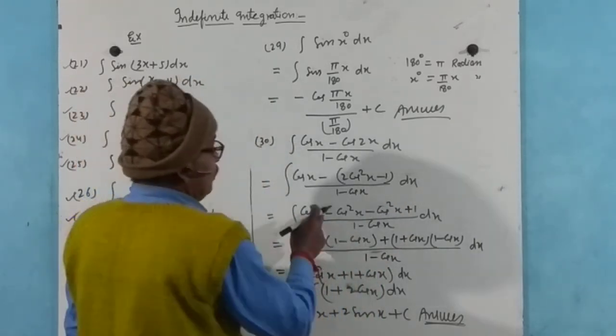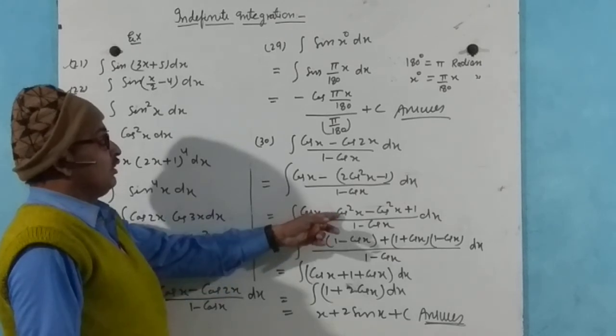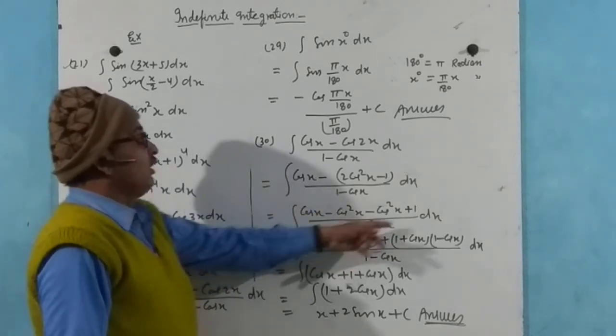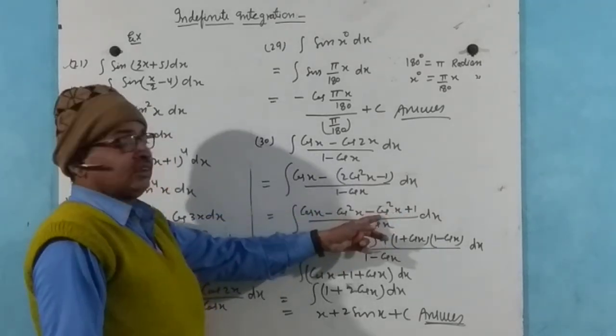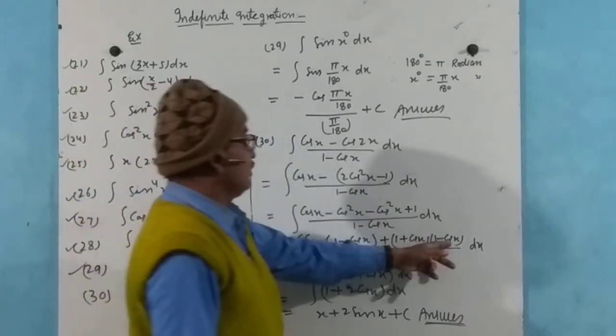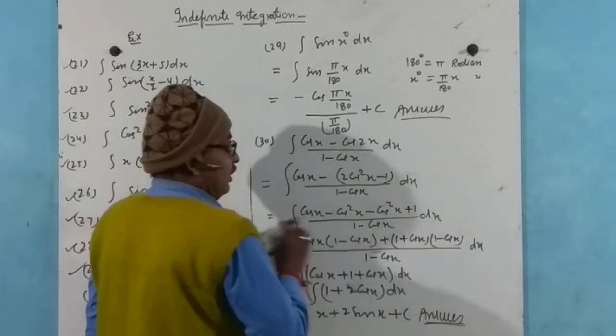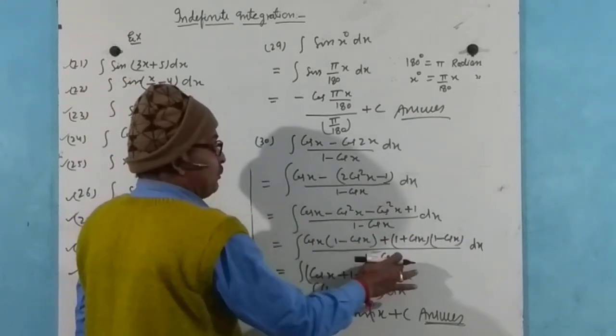Now we take cos x common: cos x times 1 minus cos x, and 1 minus cos square x can be written as 1 plus cos x and 1 minus cos x. We take the common 1 minus cos x and cancel it.